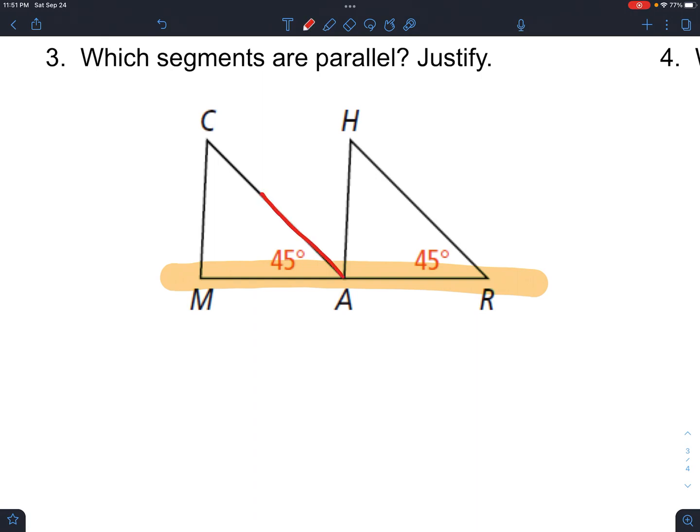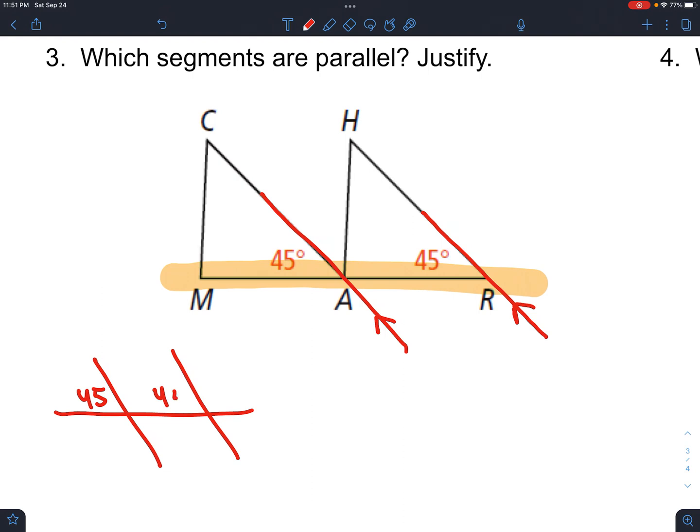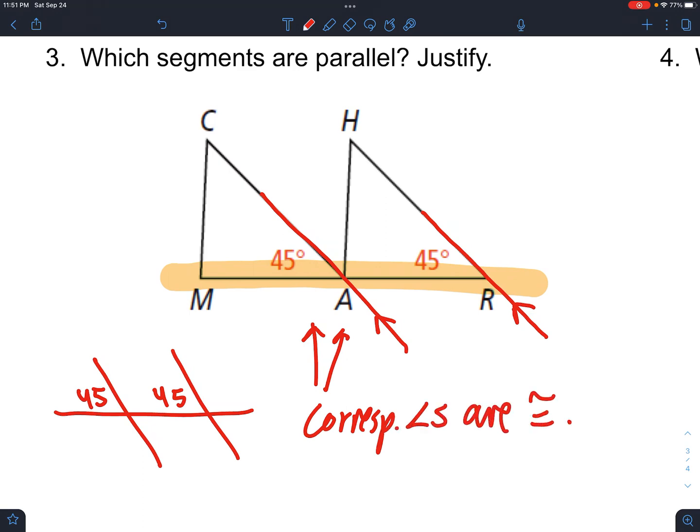So I'm imagining maybe extending these, because these look parallel, and for some reason the picture really confuses me here, so I would redraw it like this, and then you can definitely see that these are corresponding angles, and then say that they're congruent.